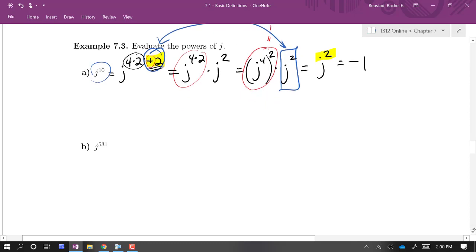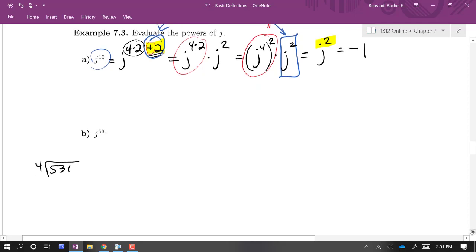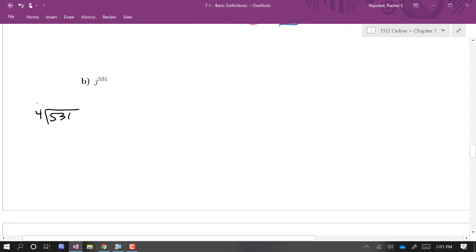So I'm going to see how many times 4 goes into 531, and more importantly, what is the remainder. I'm going to take 531 and divide it by 4. Bear with me while I do some long division. 4 goes into 5 once.